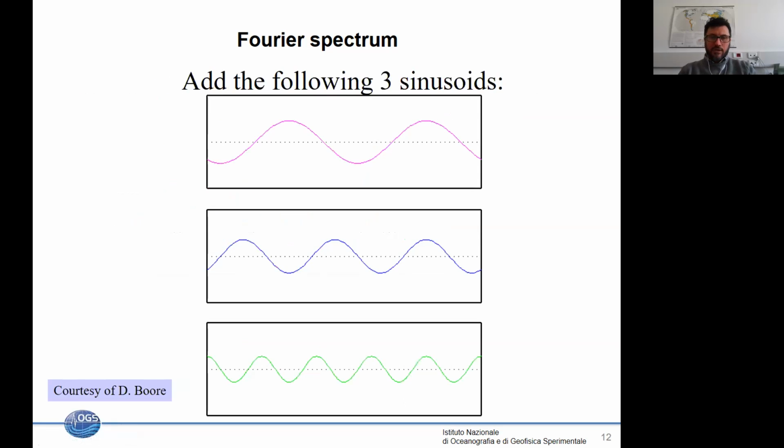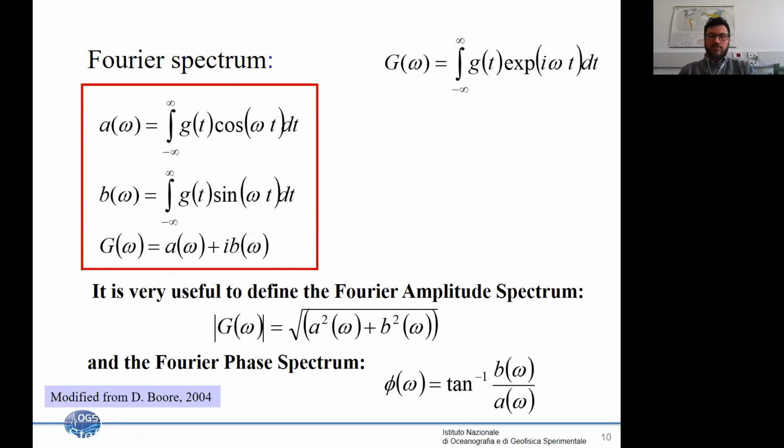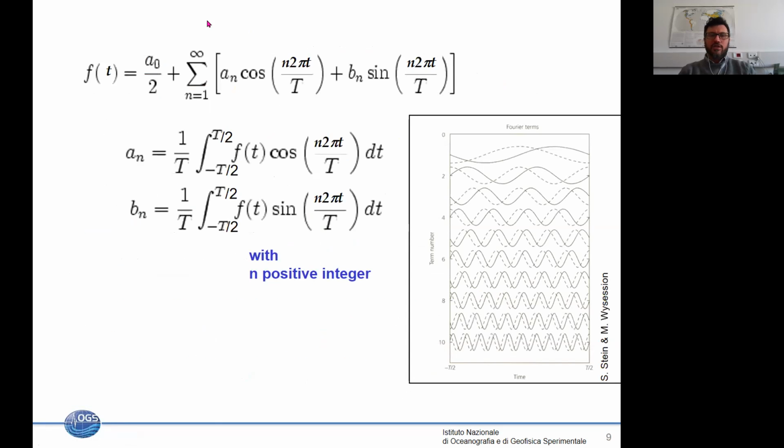And if you remember from this first equation here, for example, at frequency 0, when the frequency goes to 0, the coefficients are becoming just the summation of the signal and the average out.